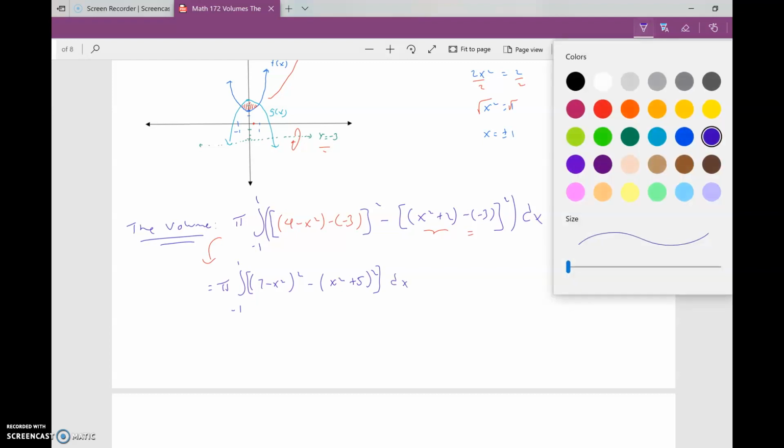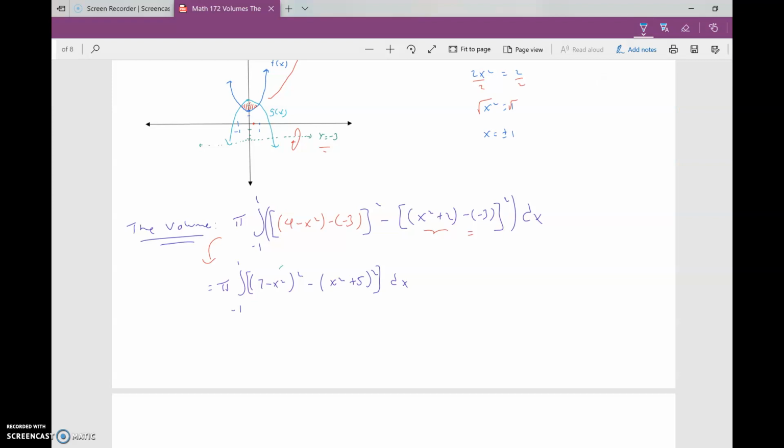Let me FOIL these on the side and then simplify that portion. So this is 7 minus x squared times 7 minus x squared. This is equal to 49 minus 14x squared plus an x to the fourth. And let me double check. 49 minus 7, that would give us the minus 14.